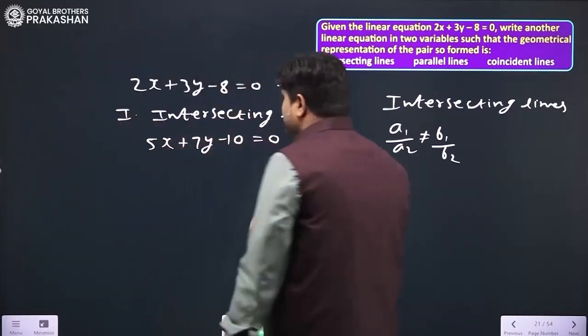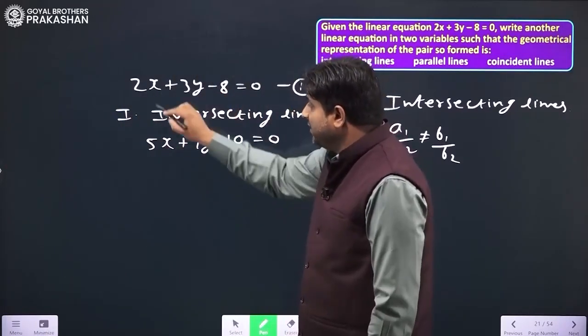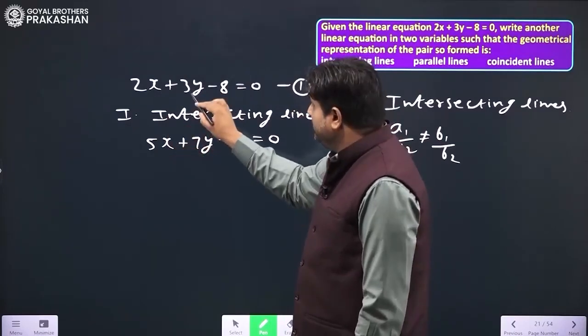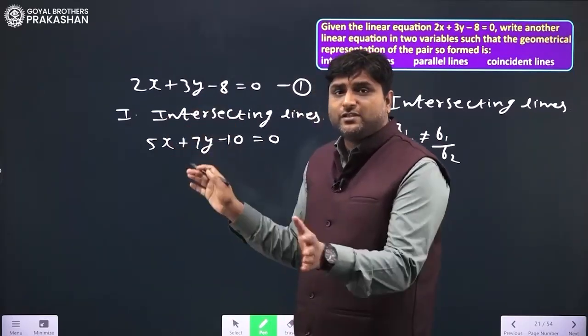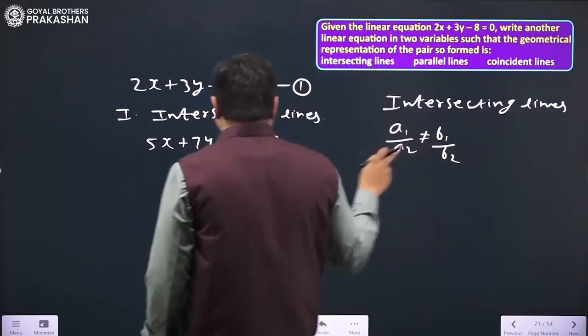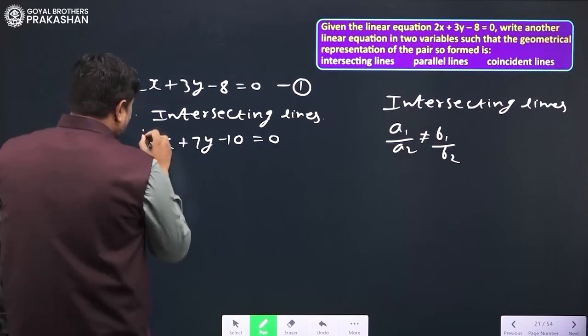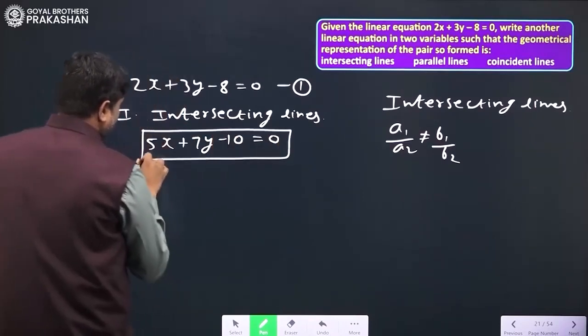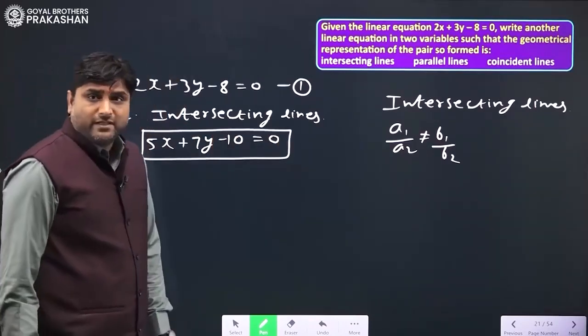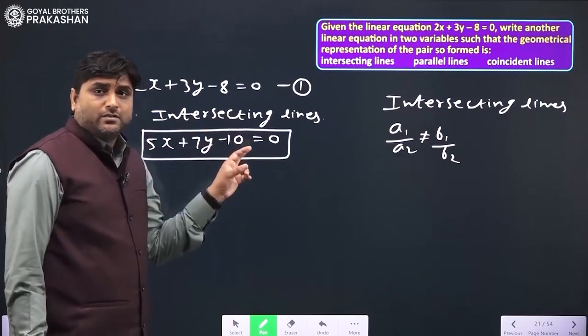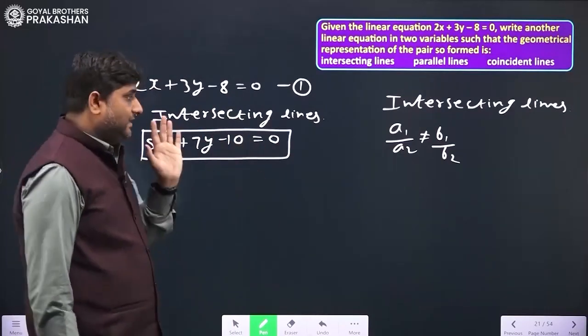And if we check the first equation and second equation, a1 upon a2 is 2 by 5, b1 upon b2 is 3 by 7, which is not equal. a1 upon a2 is not equal to b1 upon b2, then lines are intersecting. So this may be the second equation if we wish that the pair so formed should be of intersecting lines.